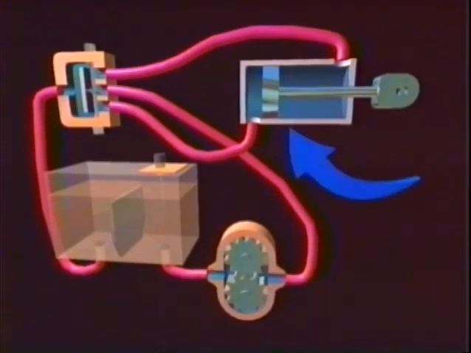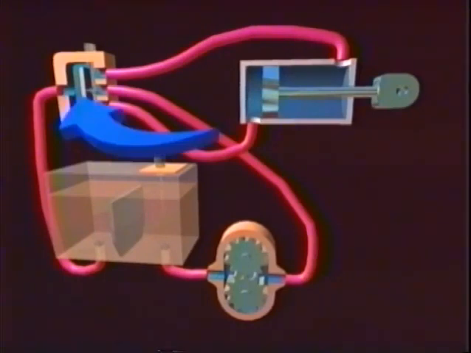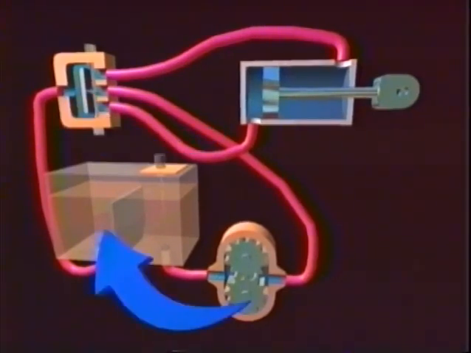This diagram shows the four main components of a typical hydraulic system: the pump, the cylinder, the control valve, and the reservoir. Let's go through them step by step, starting with the pump.